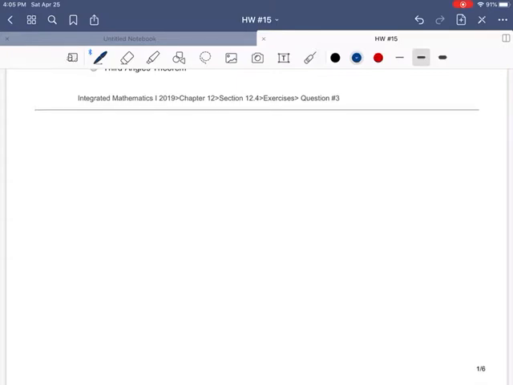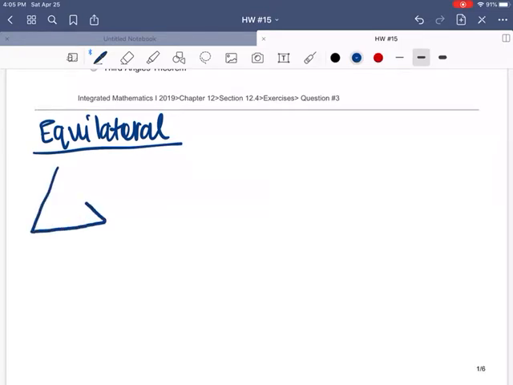So, two different types of triangles. First is equilateral. Equilateral triangles are ones where all three sides are the same length.